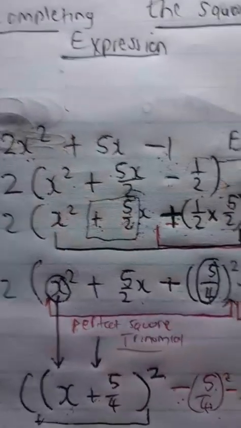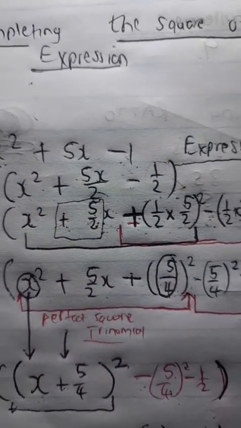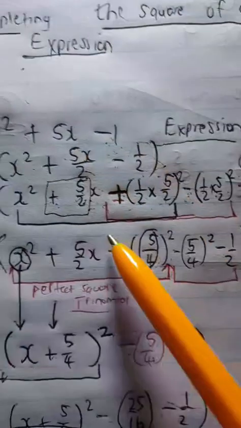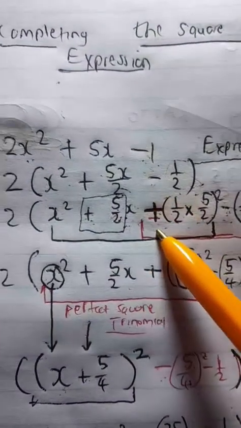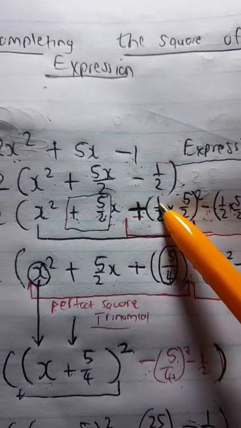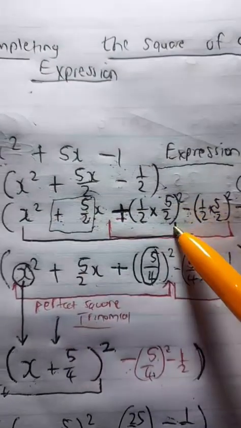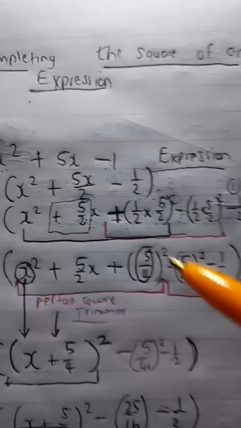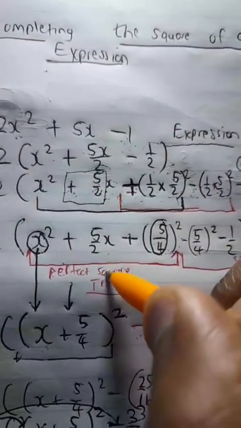What is important for you to know as a grade 11 learner is that when you are completing the square of a specific quadratic trinomial, when you get to this step where you add half the coefficient of the middle term, which is 5 over 2, and you square it, the minute you do that, you are setting up these first 3 terms to become a perfect square trinomial.